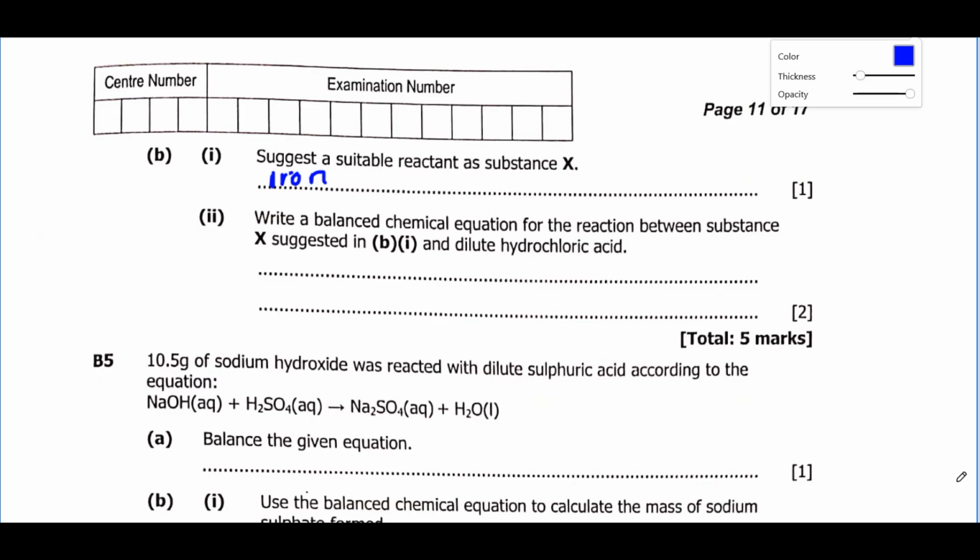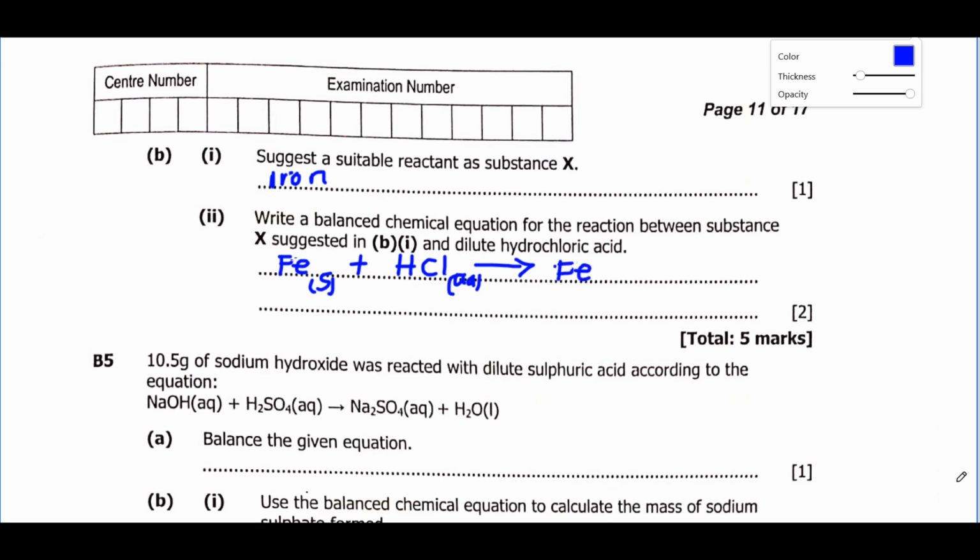Write a balanced chemical equation for the reaction between substance X suggested in B1 and dilute hydrochloric acid. So we'll say iron, symbol Fe, solid, plus hydrochloric acid, HCl, equals. Hydrogen will be displaced, so we're dealing with a single displacement.